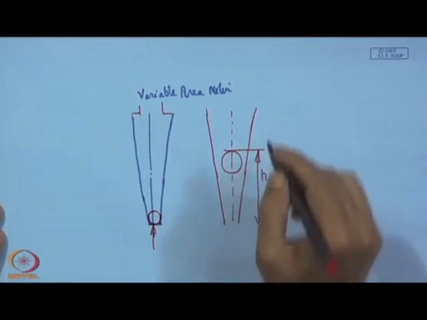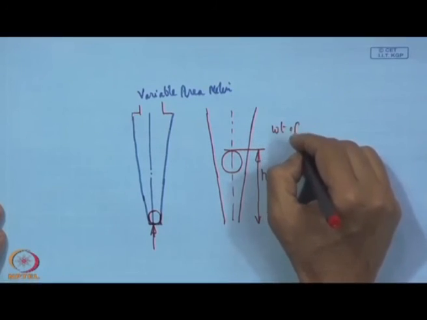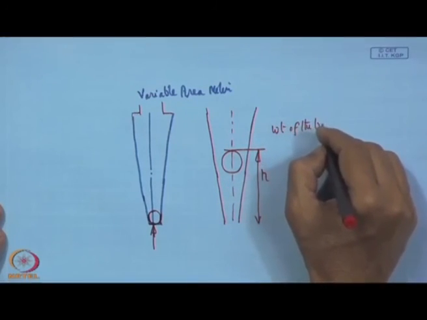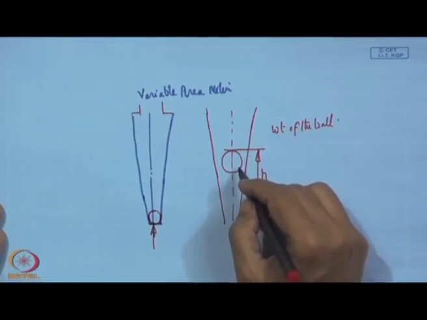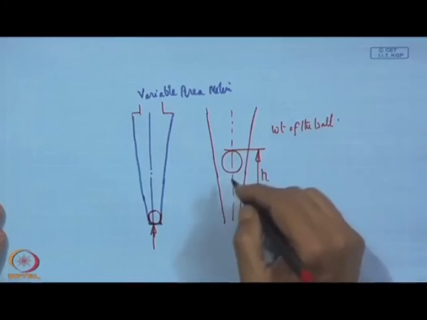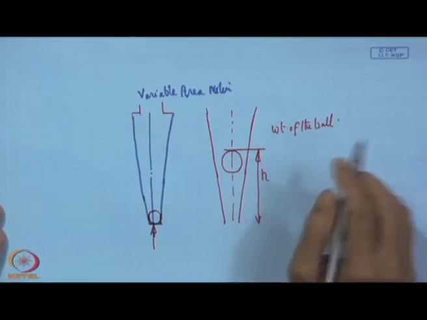On one side we have the weight of the ball, and on the other side we have the buoyant force and the drag force because of the movement of the gas, and both are balancing each other.